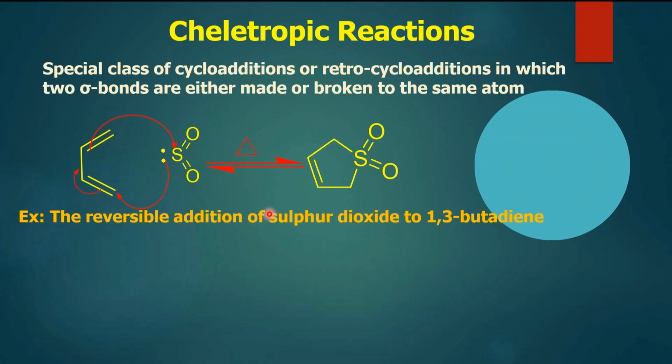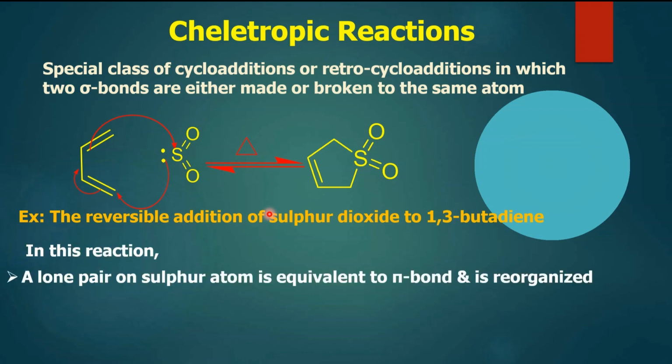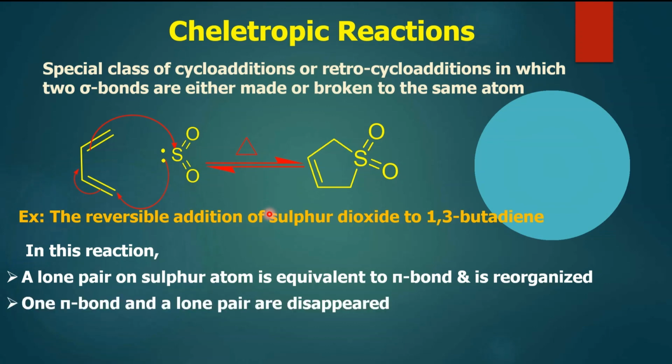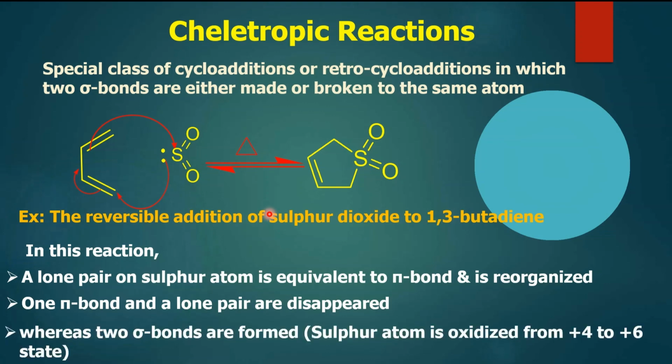The reversible addition of sulfur dioxide to 1,3-butadiene is an example of a chelotropic reaction. In this reaction, the lone pair of the sulfur atom is equivalent to a pi bond and is reorganized. Pi bonds and the lone pair of electrons disappear, and the two new sigma bonds are formed. The sulfur oxidation state gets converted from +4 to +6.